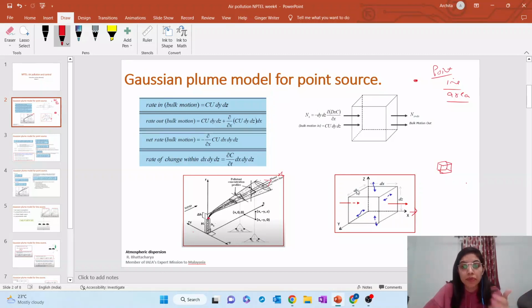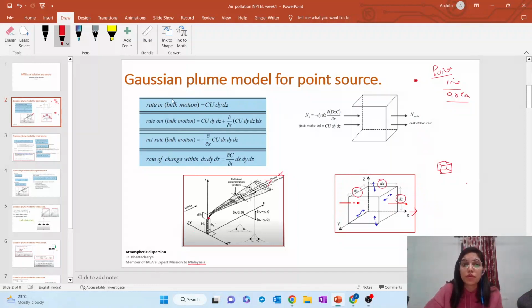And in each plane there will be some displacement: dx, dy, and dz. These are the displacements of air at that particular point, and here we are considering the point as a cube.